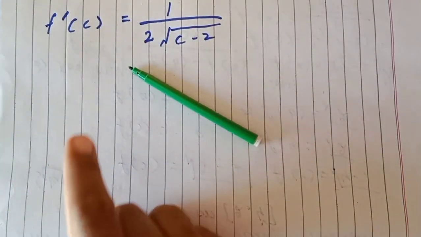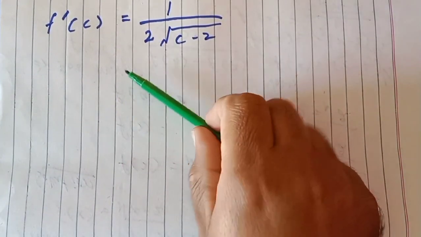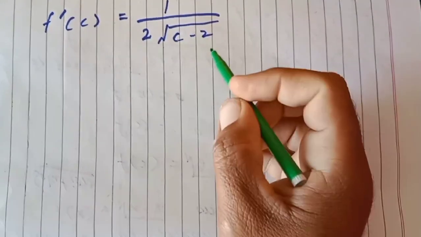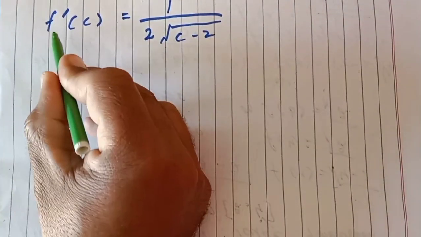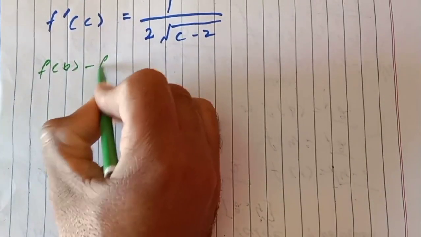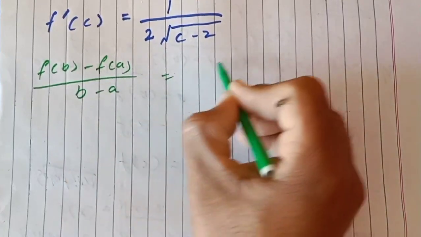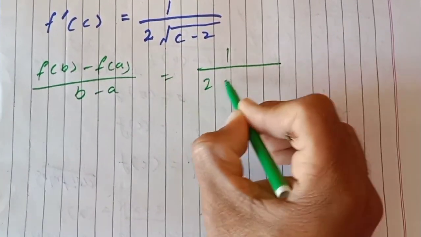And f'(c) is equal to 1 over 2 square root of (c − 2). As f'(c) = (f(b) − f(a)) over (b − a) is equal to 1/2.